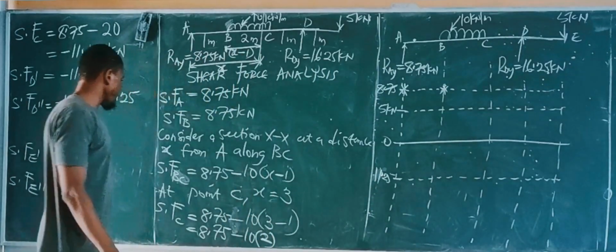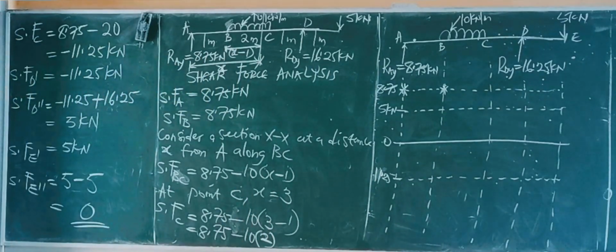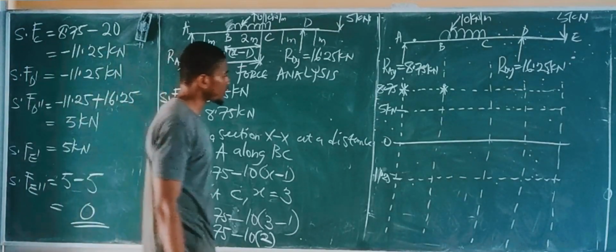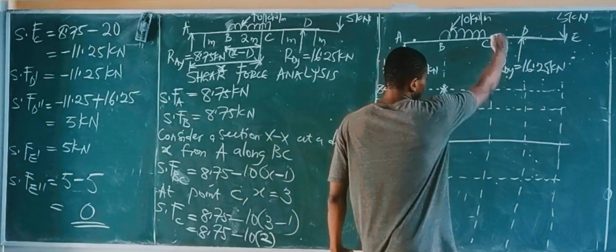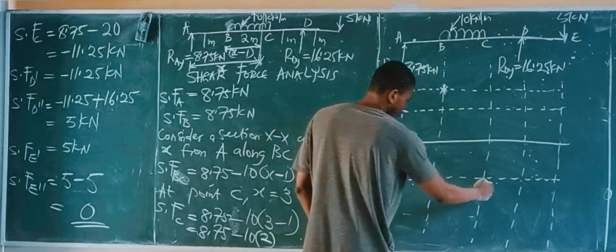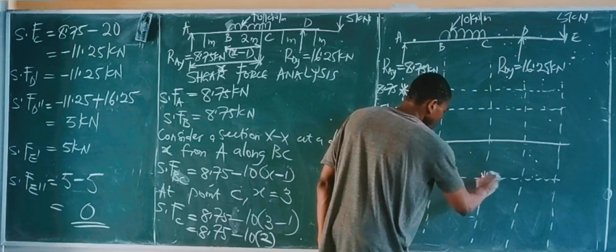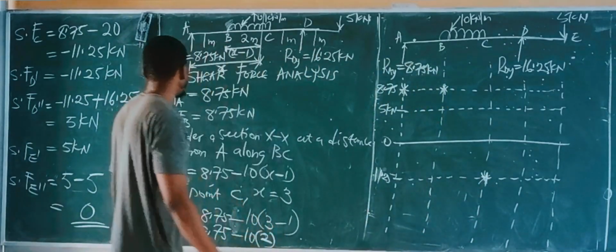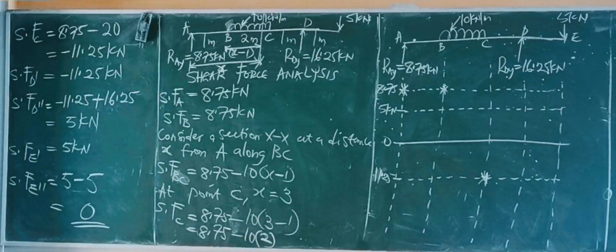Now between B and C, shear force at C gave us minus 11.25 kilonewtons. This is line C, so you put an asterisk. And finally, shear force at D is 5 kilonewtons.